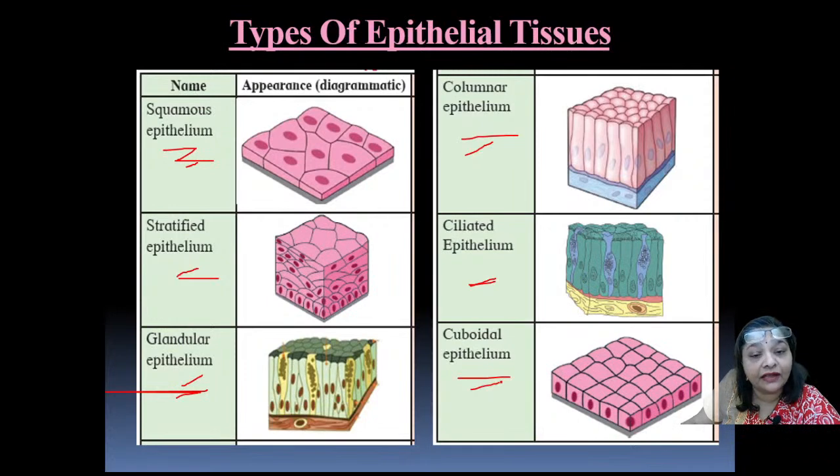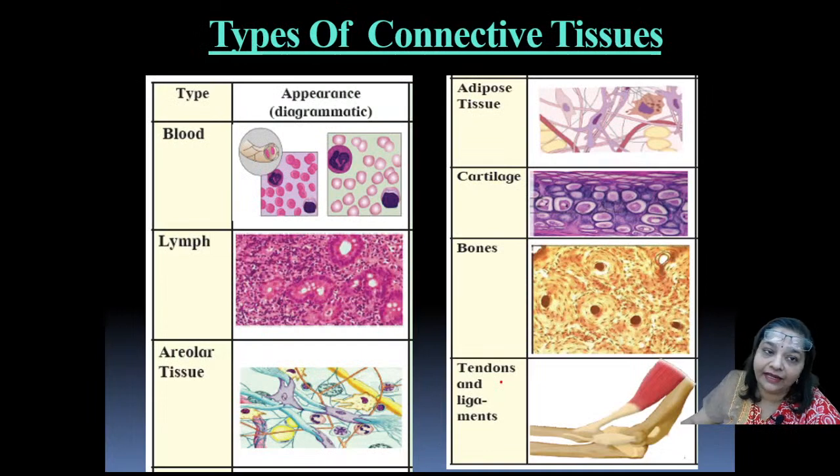So these are the different types of basic epithelial tissues that you have to know and study. Please see to it where they are located and study the structure and function of these tissues, which we have already discussed in detail.